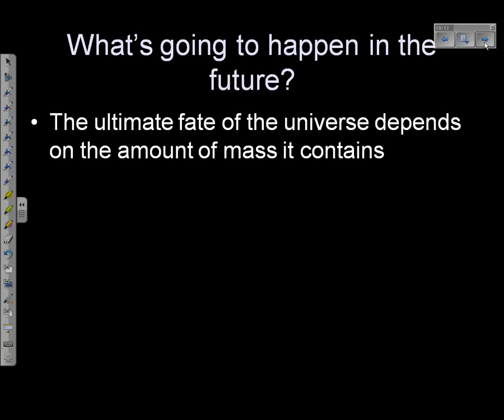If gravity is the only thing acting on this ball, no friction, no air resistance, how much kinetic energy will it have when it gets back to my hands? Exactly the same. So how fast will it be going right when it gets back to my hands? Exactly the same. Gravity exists between any two masses out there in the universe. So there are these galaxies that are speeding away from each other, but what are they doing to each other?